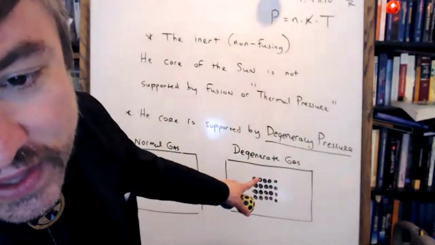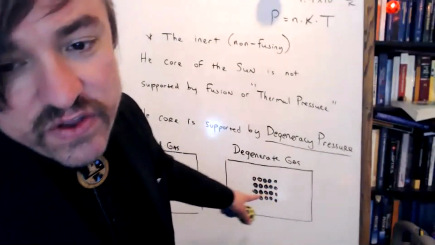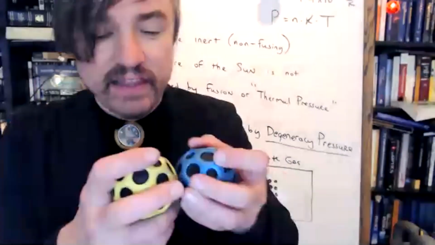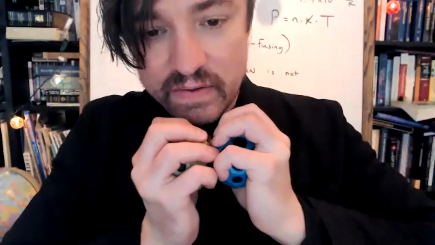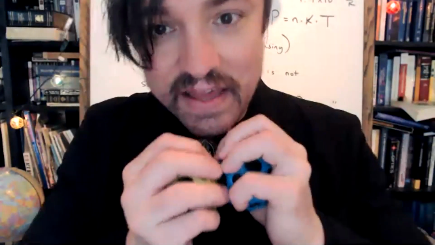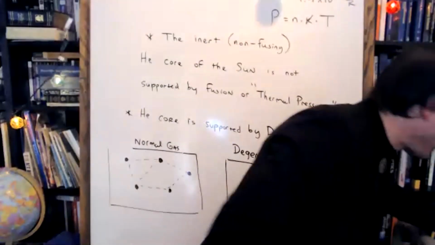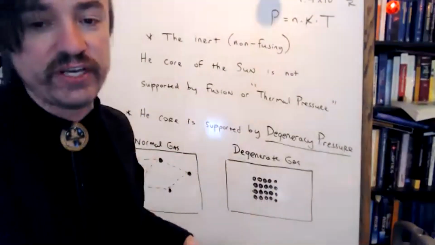And so the pressure that supports the gas is no longer the particles bouncing around and colliding with each other. It's the electrons themselves, or it's actually the helium nuclei. Actually, no, I'm sorry. It's the electrons that are trying not to overlap one another and occupy the same state. In fact, there are many different flavors of degeneracy pressure.